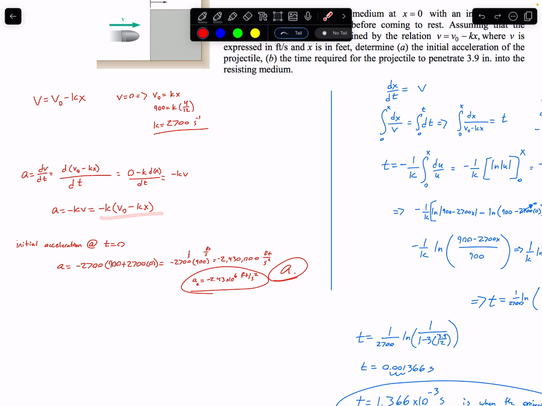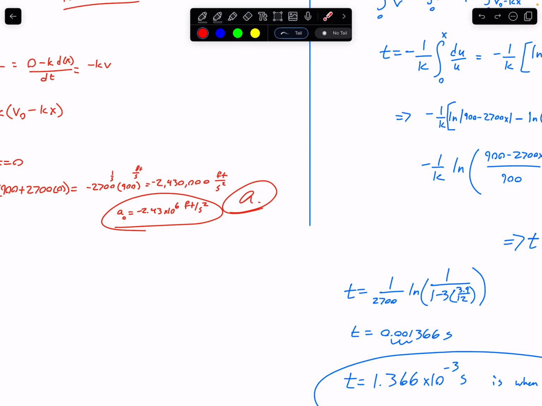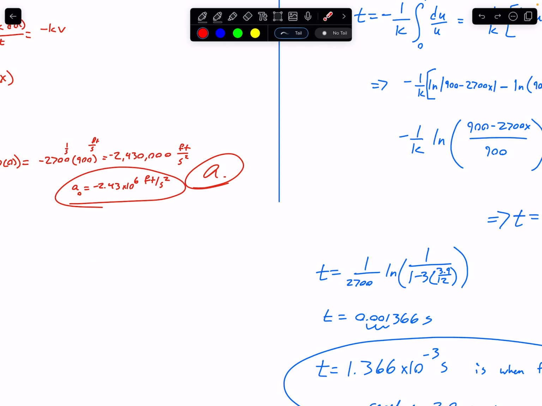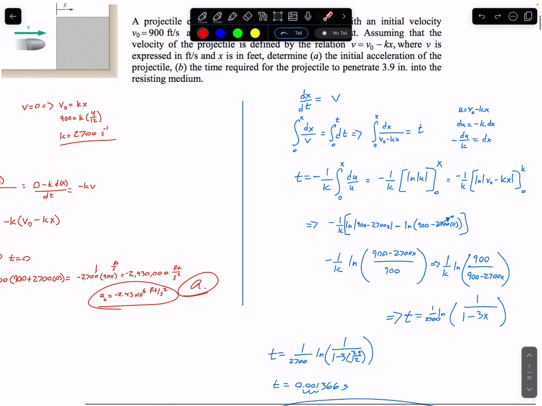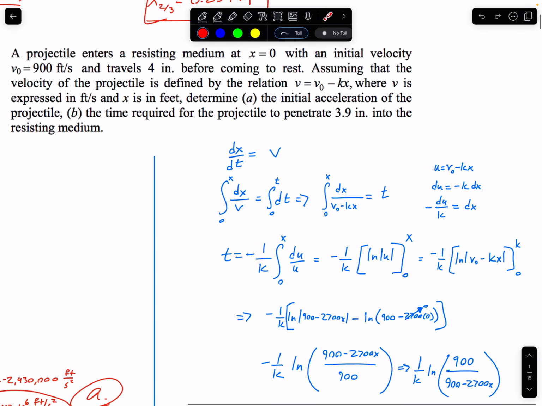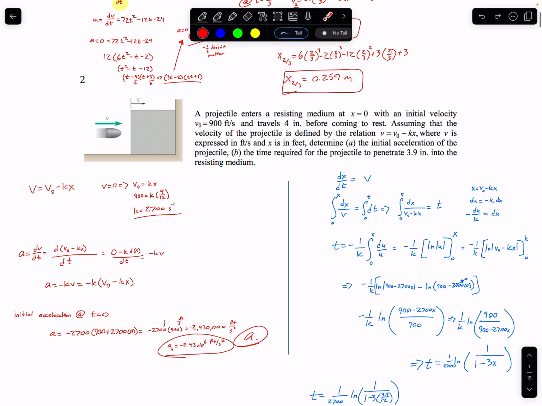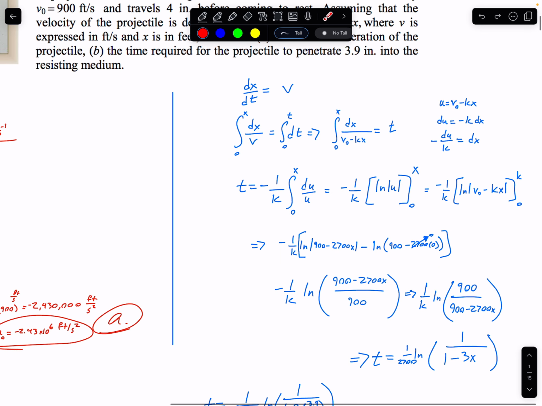That's where we get the acceleration. At t equals 0, we just plug everything in, and we get minus 2.43 times 10 to the 6 feet per second squared. And that is for part A, because that is the initial acceleration.